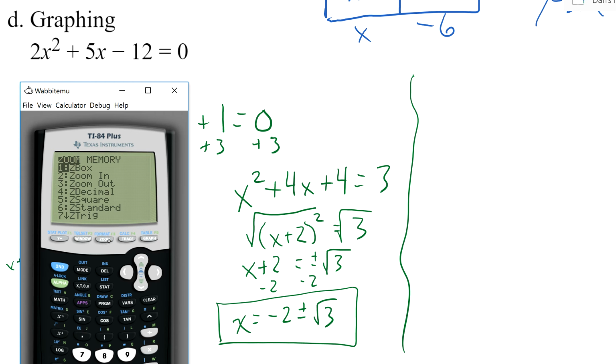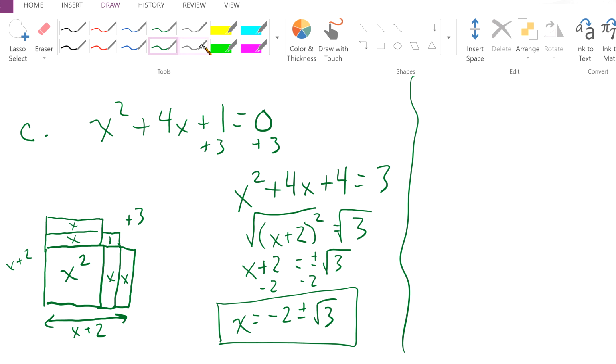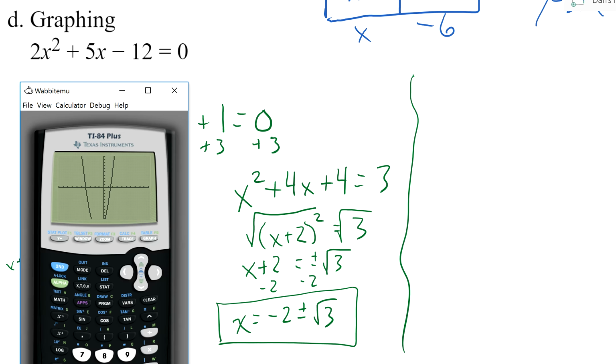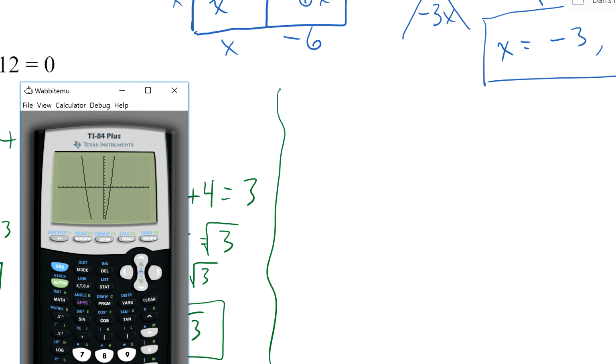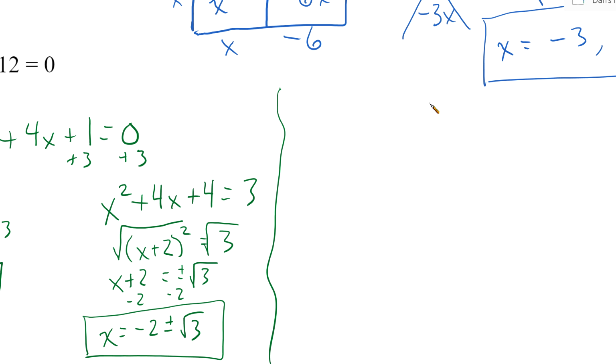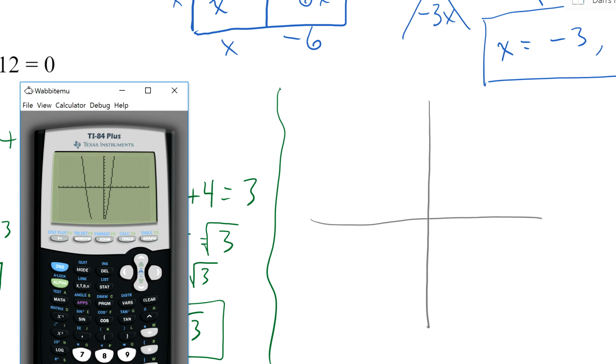I'm going to go zoom standard because we had our standard window right there. Okay, now I can do a quick sketch over here. If I look really closely here, I can see it hits somewhere around 1.5.